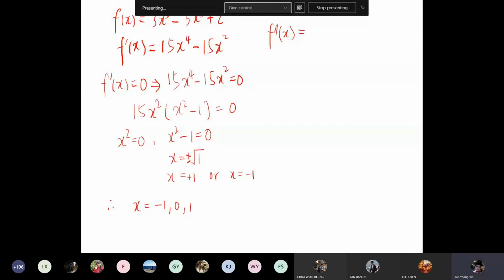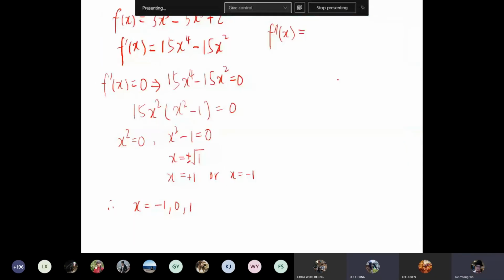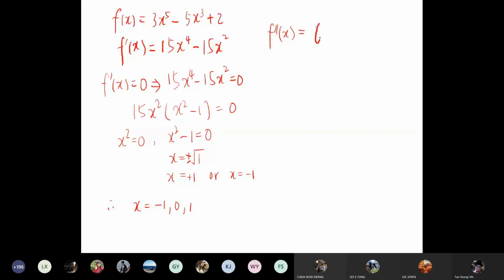60x to the power of 3 minus 30x. Sorry, a bit of lag. 60x to the power of 3 minus 30x. Okay, thank you.